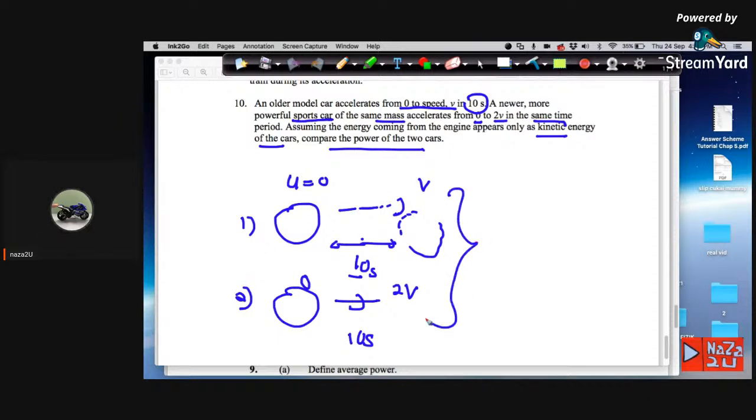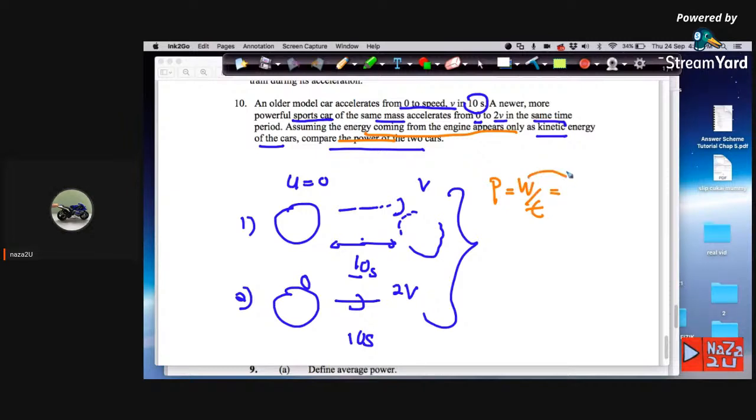The question asks us to compare the power of the two cars. As we know, power is the work done divided by time T. Because the energy coming from the engine is kinetic energy, the work done here refers to kinetic energy.